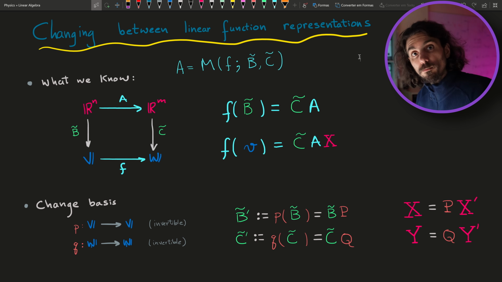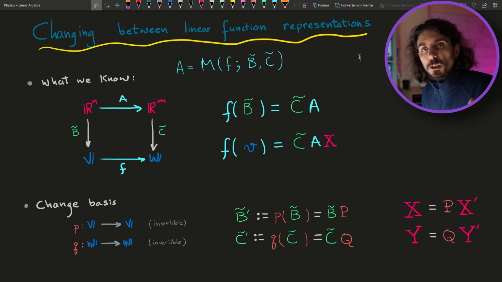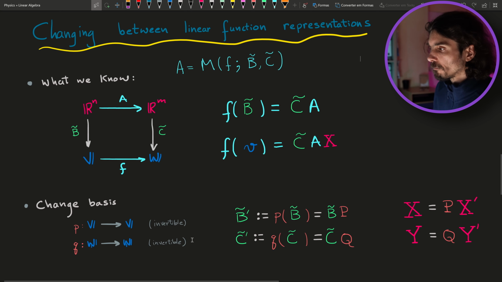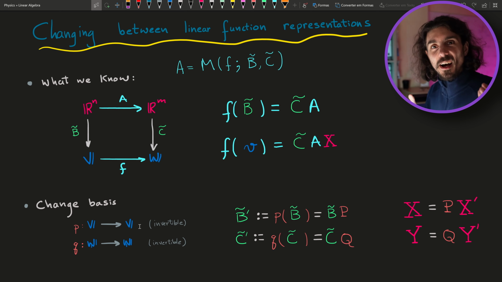Now, this is what we know. If I want to change bases, on the domain and codomain, I'm going to introduce new functions, bijective functions, meaning invertible functions. The function P goes from V to V and Q from W to W. If I have those, I can do what we have seen previously.